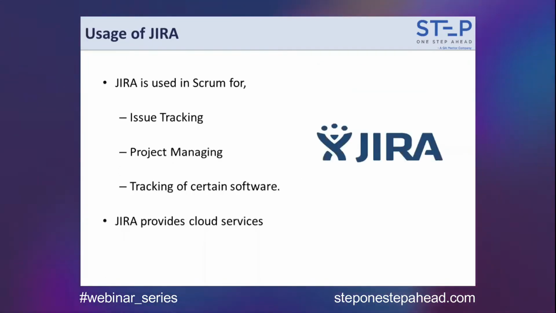Usage of Jira: Jira is used in Scrum for issue tracking, project management, tracking software, and Jira also provides cloud services. As you all know, we are now using cloud-based technologies only. Companies need not invest an extra amount for taking the cloud service. Jira already provides that within it.